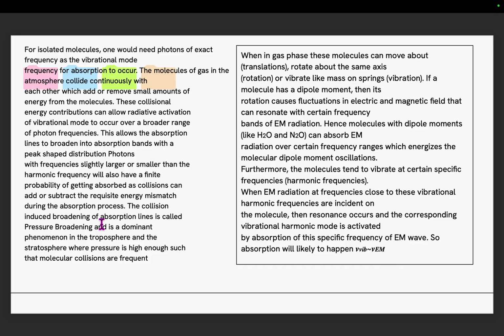This is what you will get from the week 5 or week 6 content: there is a probability for frequencies slightly larger and smaller than the harmonic frequency, because the collision can subtract and add the requisite energy, and this mismatch is possible due to pressure broadening.